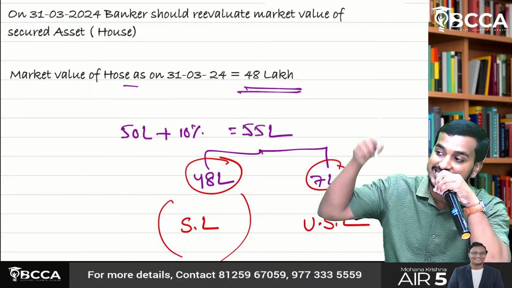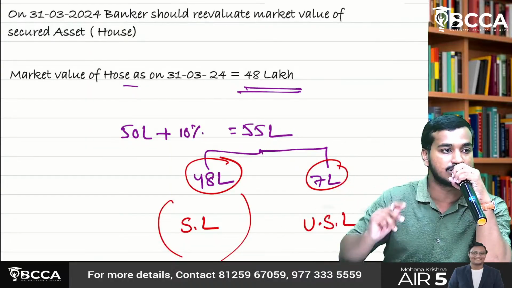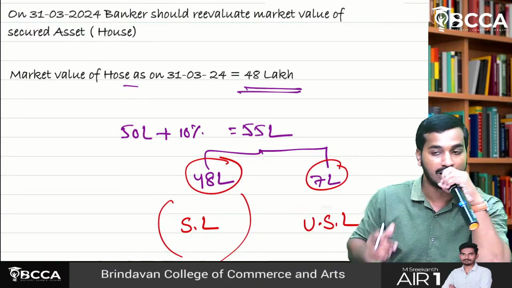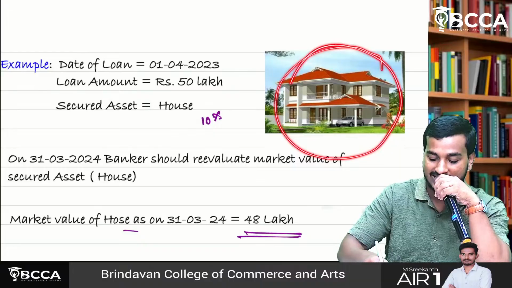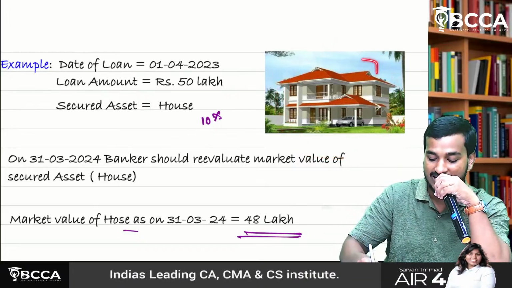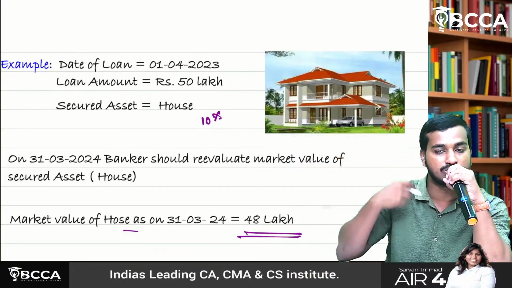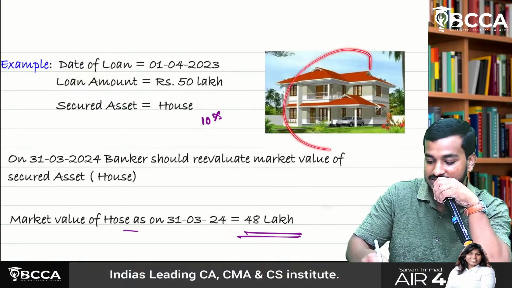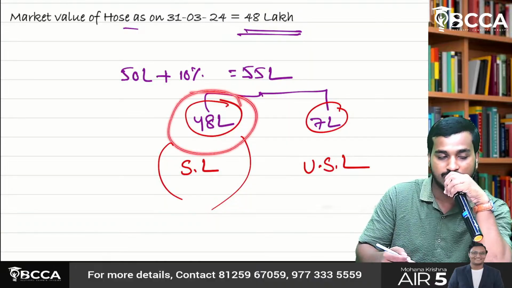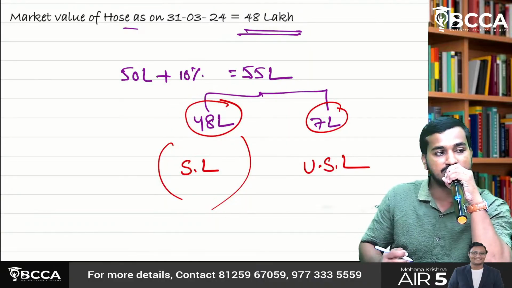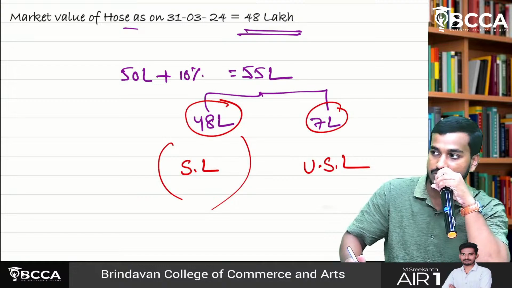Here security is there, still we are calling it an unsecured loan. Are you getting my intention? Even though the client has given his house as security, out of this loan, some amount of value is called secured loan and some amount of value is called unsecured loan.